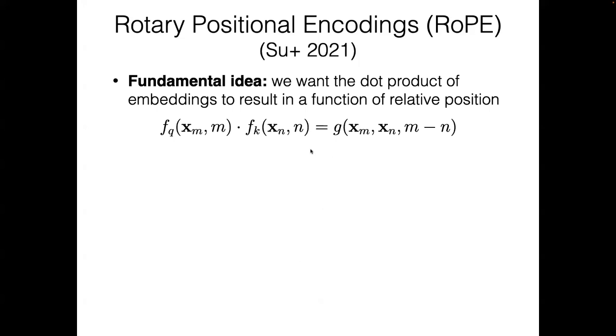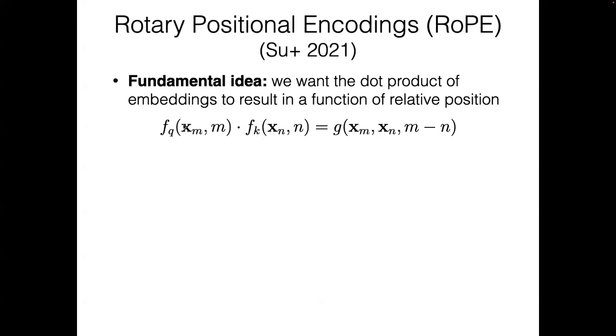If you think about what attention is doing, attention is performing a dot product. And if you want your model to only depend on relative positions, then you want your embeddings of positions to satisfy this formula here.